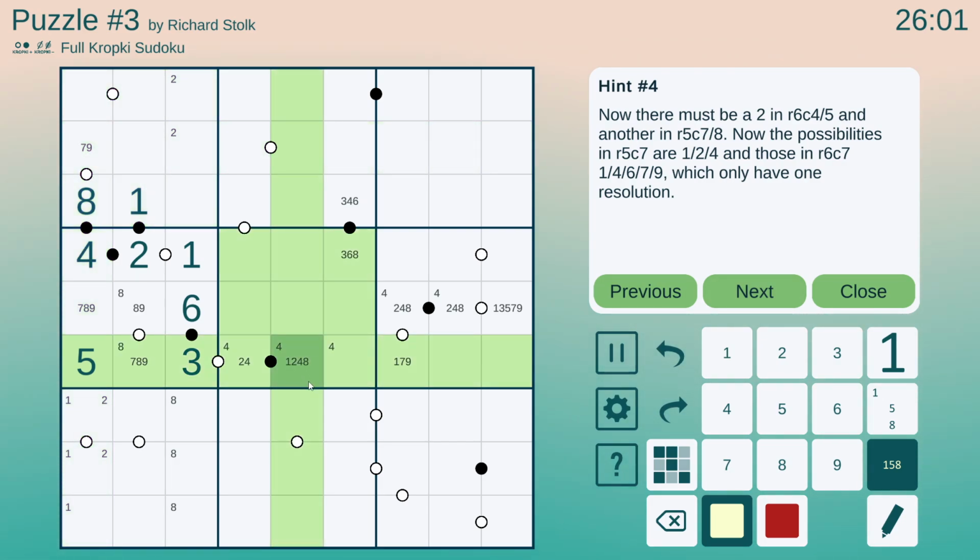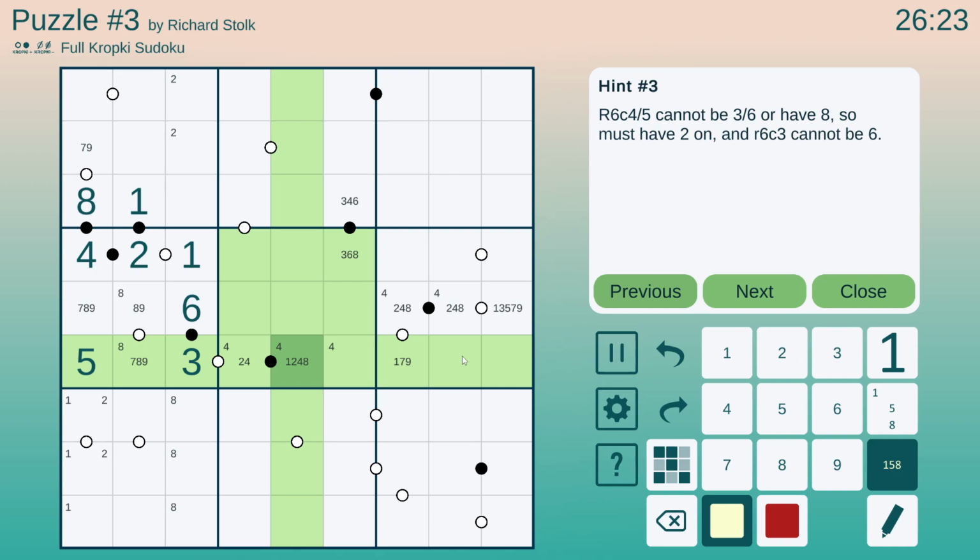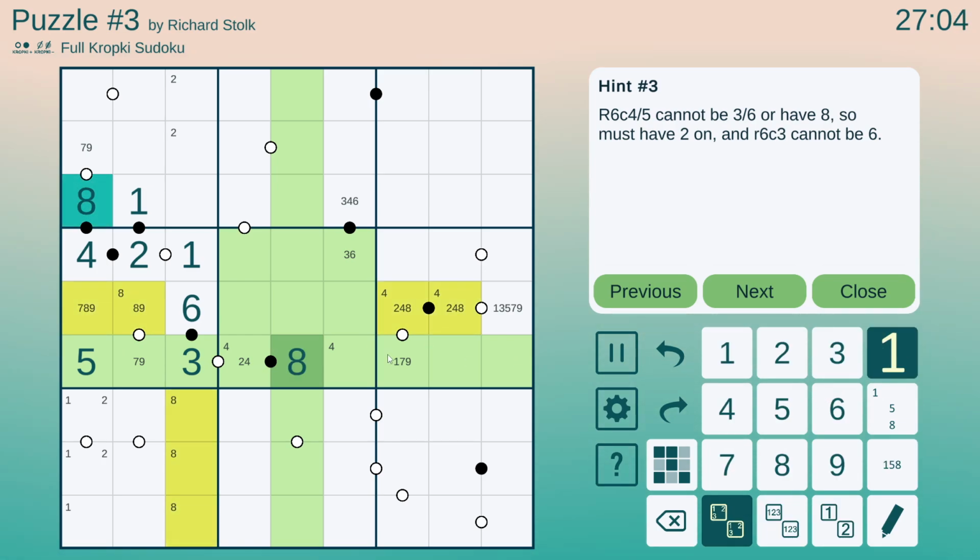I don't get why it's saying that this can't be 8. Or have 8. 8, 4.